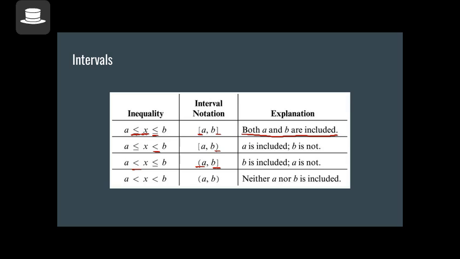If a is -2, it might be -1.99999, but it'll never be -2. And then for the last example, we have less than and less than, which means we have parentheses and parentheses, meaning that we will never be a or b, but we can be anything in between.